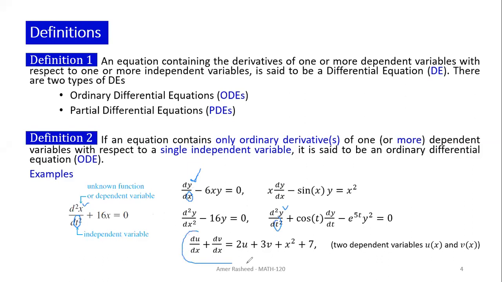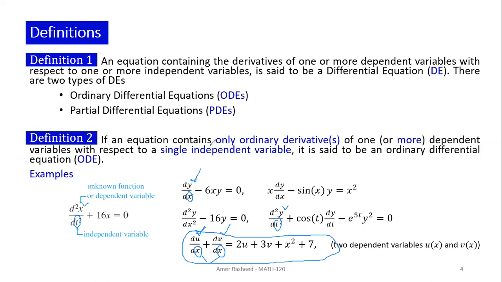Now, in this equation, you can see there are two dependent variables, u and v, and this equation involves the derivative of u with respect to x and the derivative of v with respect to x. There are two dependent variables but only one independent variable.